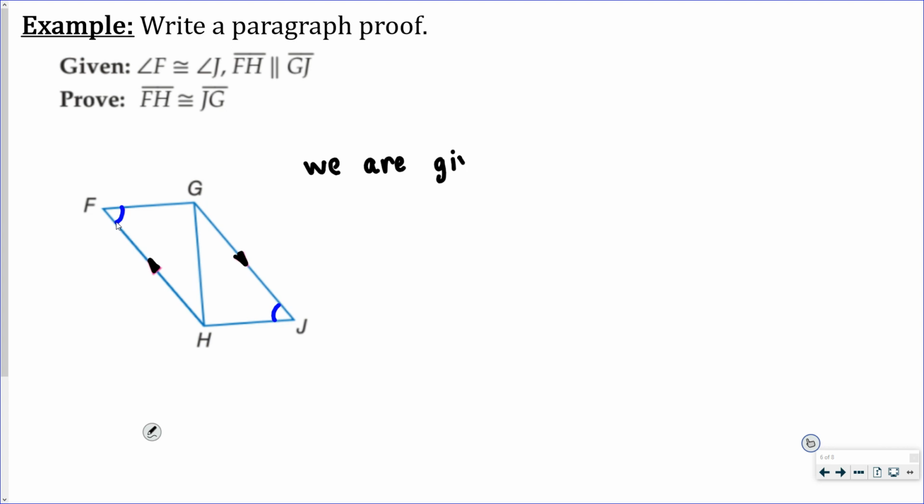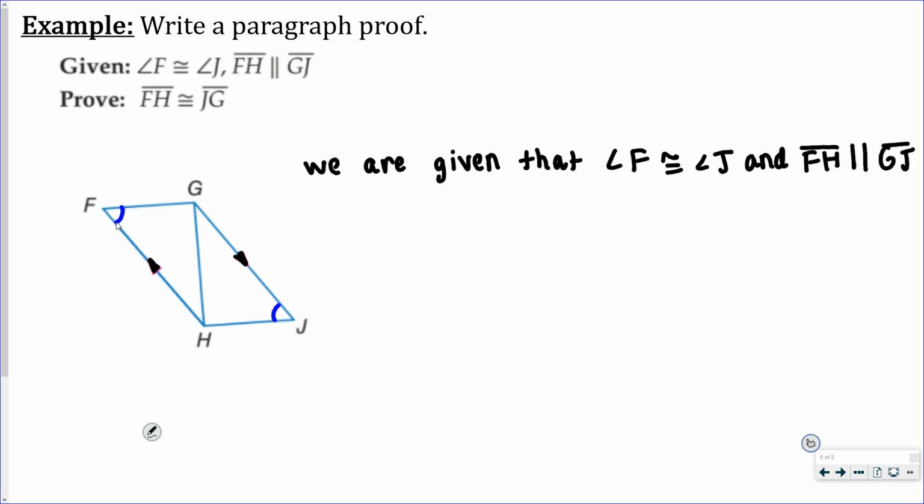We are given angle F is congruent to angle J, and FH is parallel to GJ. So the only thing I know right now is one pair of corresponding congruent angles.